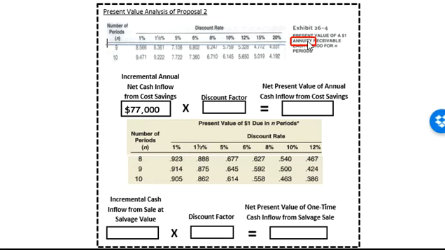We're going to use the annuity table because they're annual cash flows. The discount rate is 10% for 10 years, so the discount factor is 6.145 times our 77,000. So the net present value of our annual cash inflow from our cost savings is equal to $473,165.